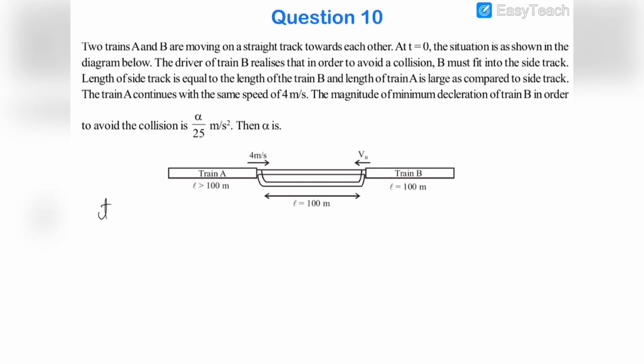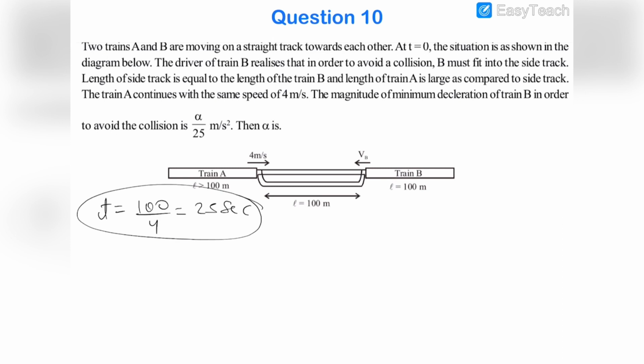So the time taken by this train A would be 100 by 4, so it would be 25 seconds. Now in this 25 seconds, this train B has to cover this distance of 100 meters, and in fact we have to find out the minimum deceleration. So we are just assuming that this train B just stops after covering this 100 meters.